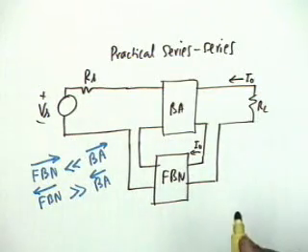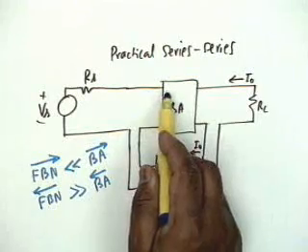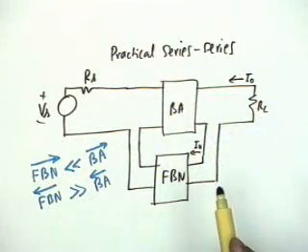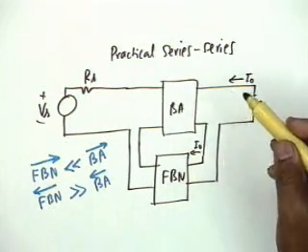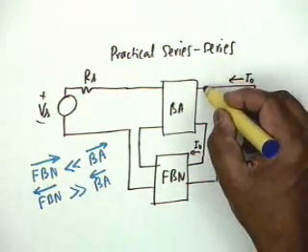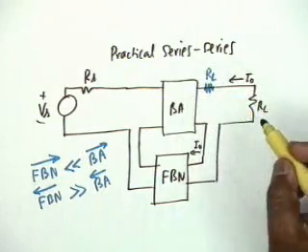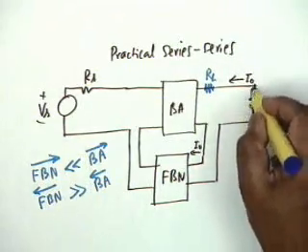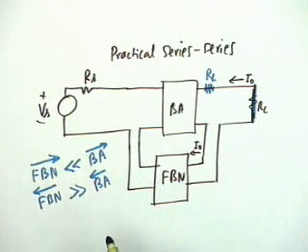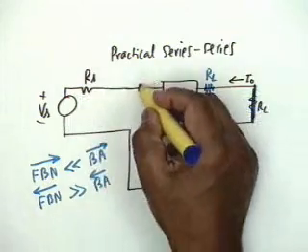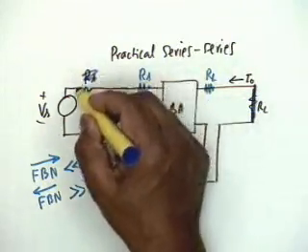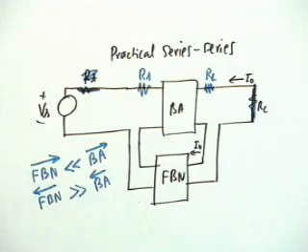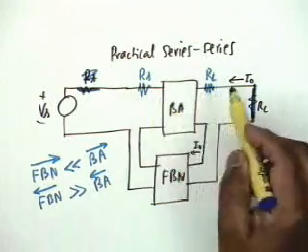You see, one thing I can do very easily is to shift RS to the basic amplifier and RL to the basic amplifier. If I include RL here, then obviously this would be a short circuit. That is what I wanted. I wanted the output to be short circuited. If I shift RS here, then this is a short circuit and therefore in the basic amplifier RS and RL come in series. Agreed?